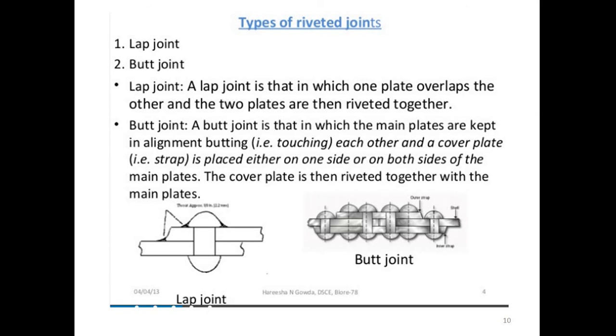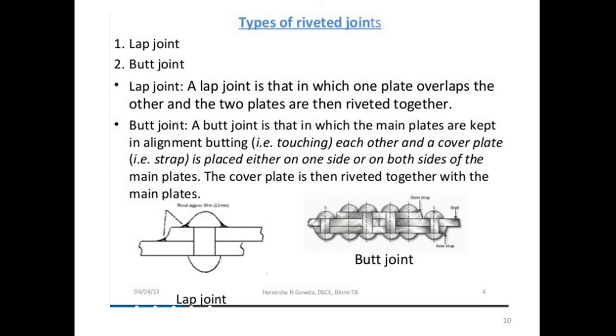And apart from that, in case 2, there is the butt joint. A butt joint is one in which the main plates are kept in alignment, butting, that is touching each other, and a cover plate, that is a strap, is placed on either one side or both sides of the main plate, and the cover plate is riveted with the main plate.